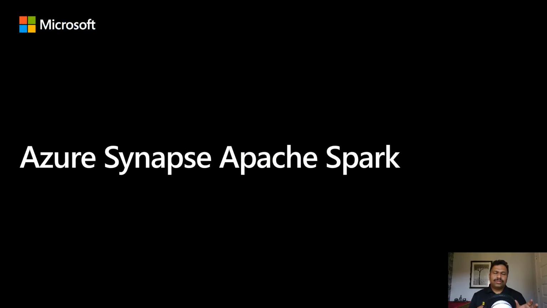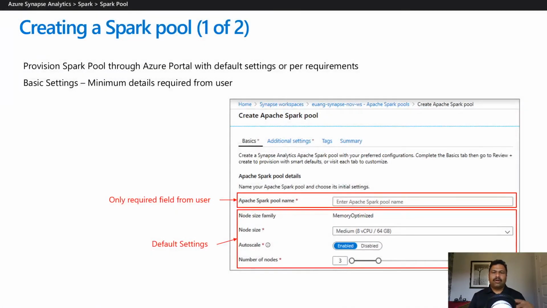Moving on to some of the details of Spark and how you can work with Spark within Azure Synapse Analytics. Because Azure Synapse Analytics combines the power of Apache Spark, you can quickly create Spark pools from within its workspace and then use those Spark pools to create and deploy your Spark jobs. It's a very simple configuration.